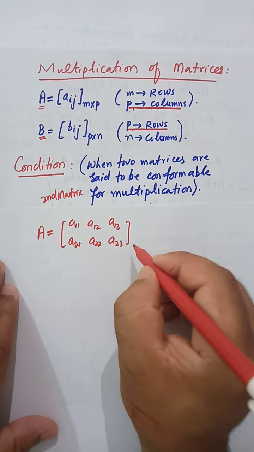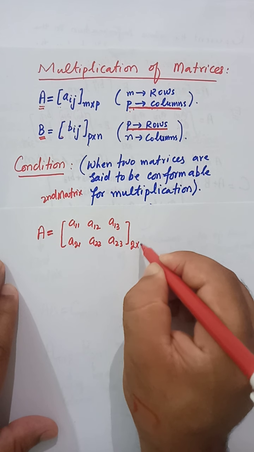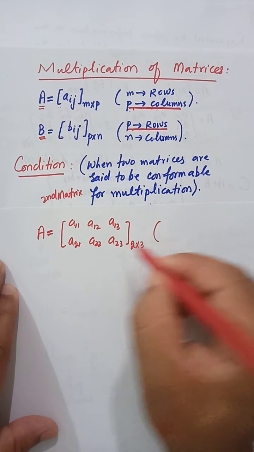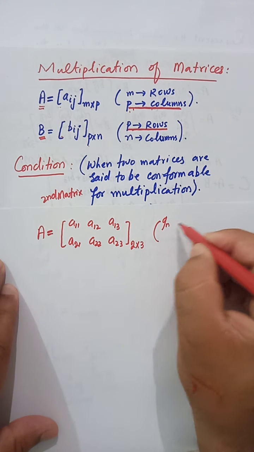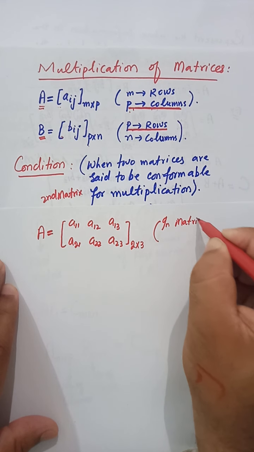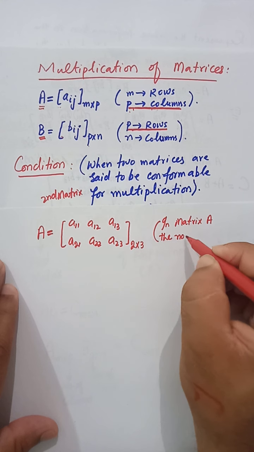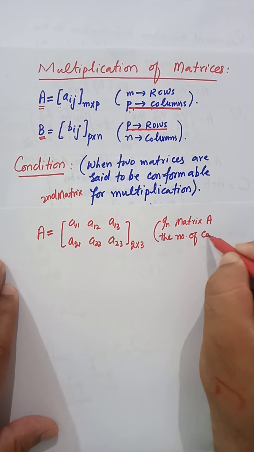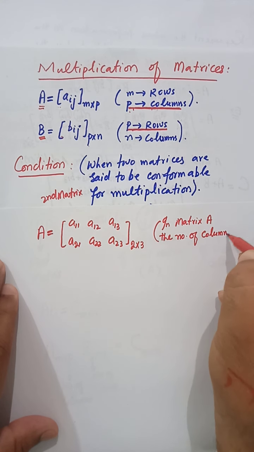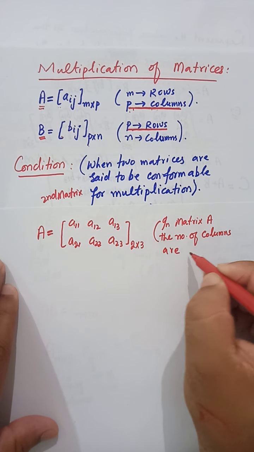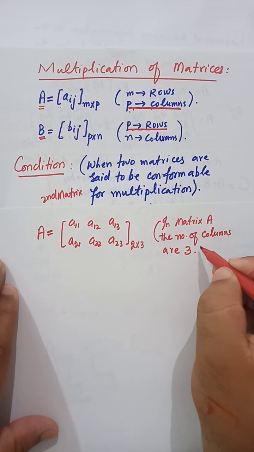This is a matrix of order 2 by 3. So in matrix A, the number of columns is 3.